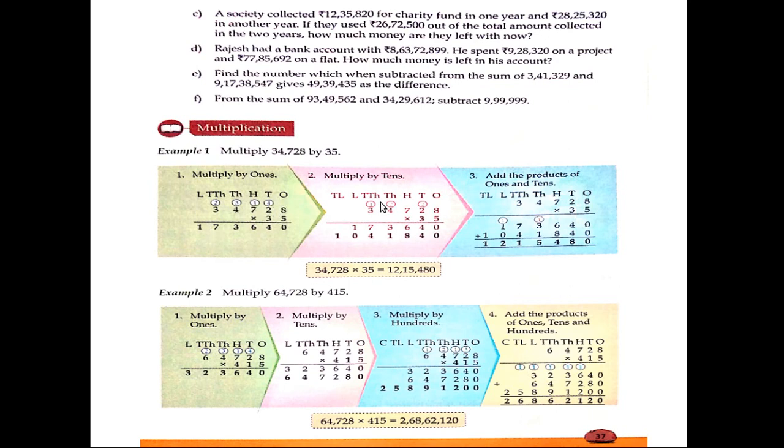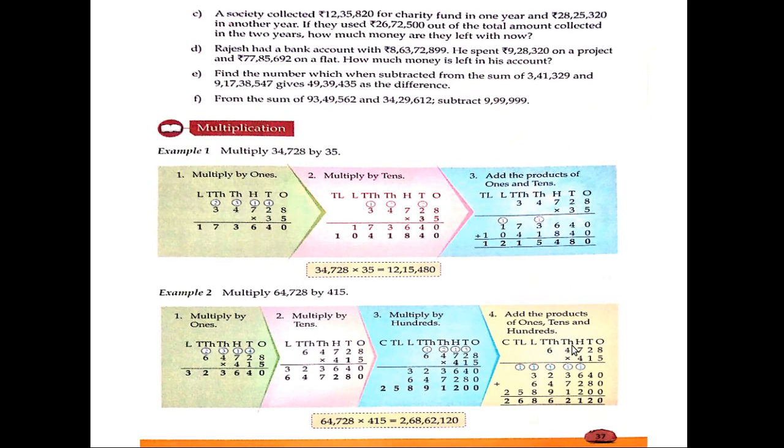Then we multiply the tens place value with the same digits, and we get this, and then we add the product of ones and tens. In this way we can do the three-digit also. First we multiply by ones, then by tens, then by hundreds, and then we add the products of ones, tens and hundreds.